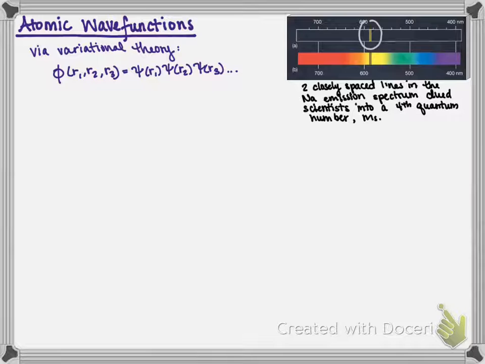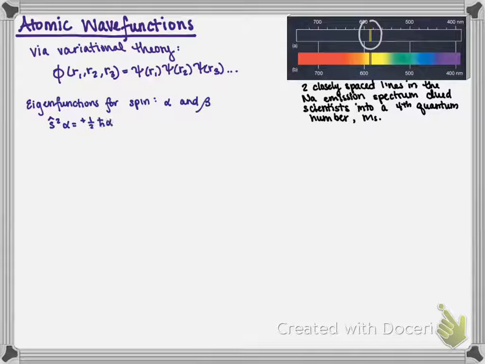This clued scientists in the early 1900s that there was a component missing. The component missing from our wave function leads to the fourth quantum number, which we denote m sub s. This is the spin quantum number, and we have eigenfunctions to account for the spin of an electron, which we call alpha and beta. We're not going to go into mathematically what alpha and beta look like, but spin has the operator S hat squared.